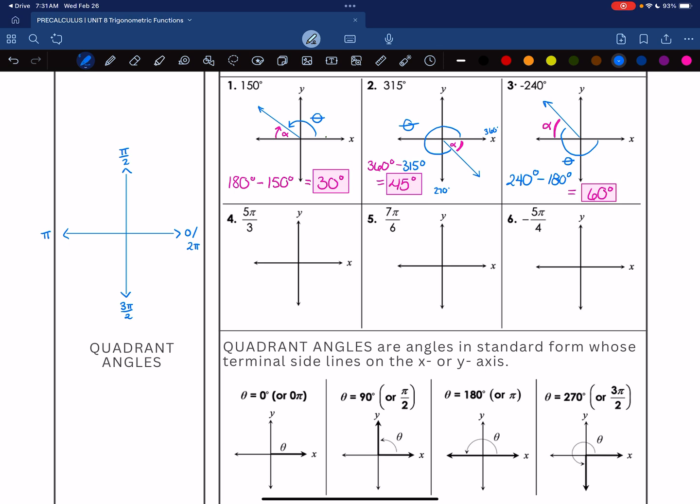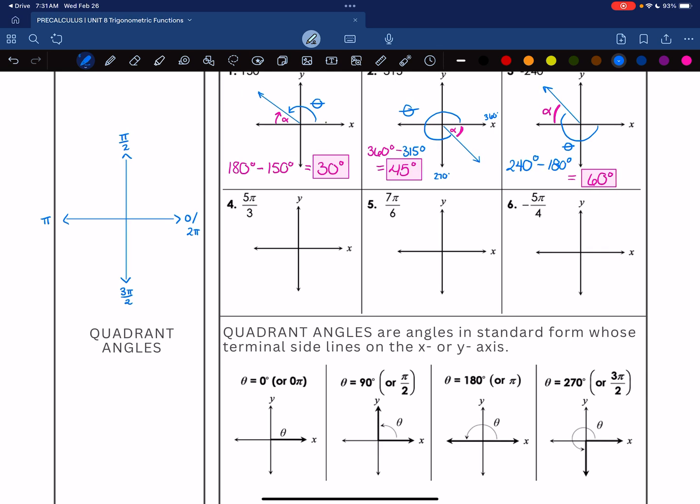5 pi over 3. So think about that fraction, 5 over 3. 5 over 3 is more than 1. 5 over 3 is going to put you almost to a full revolution, because a full revolution, think about this with me, would be 2 pi, which expressed as thirds would be 6 pi over 3.